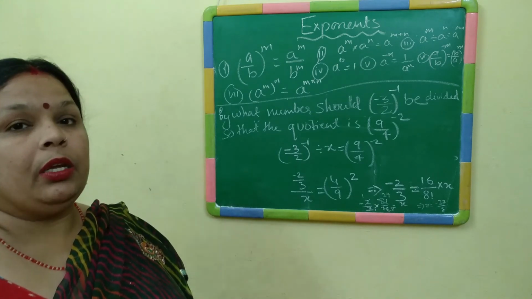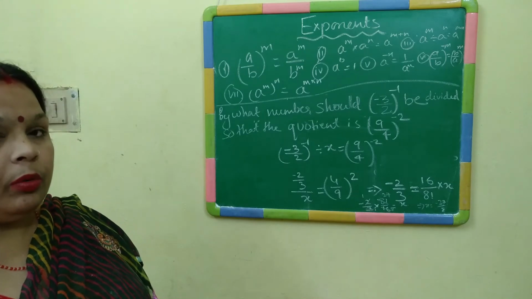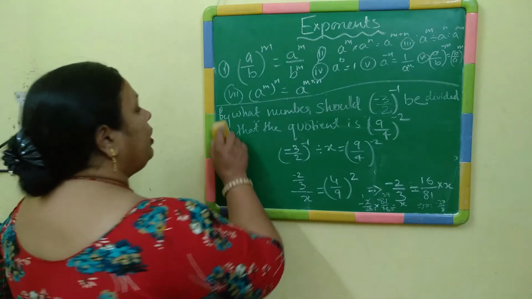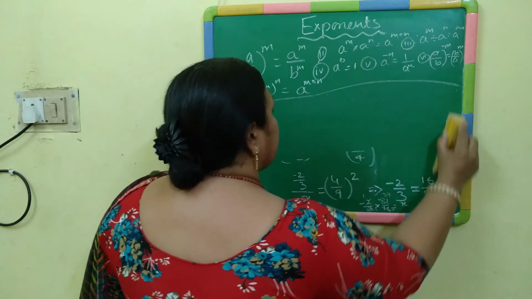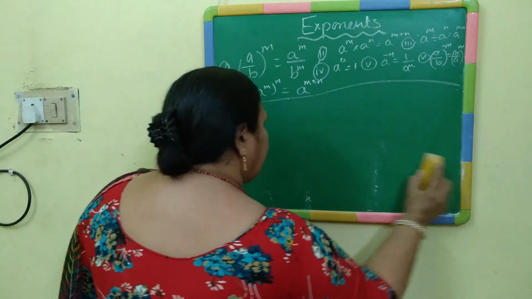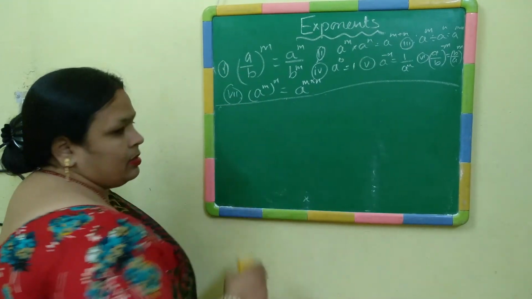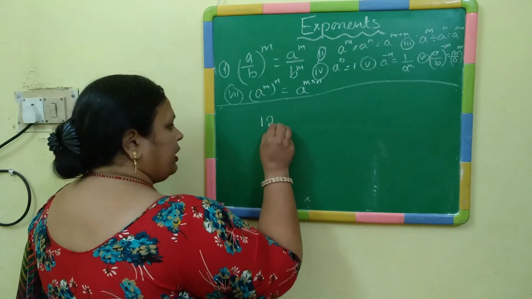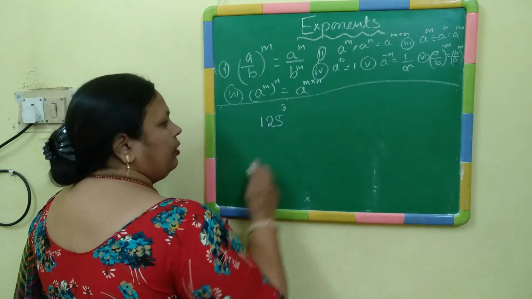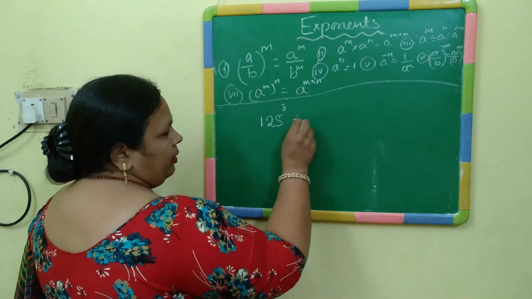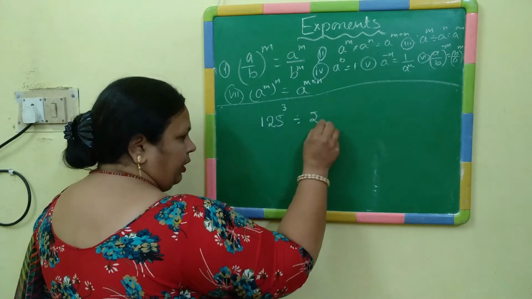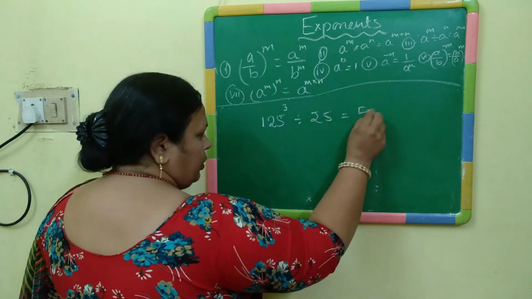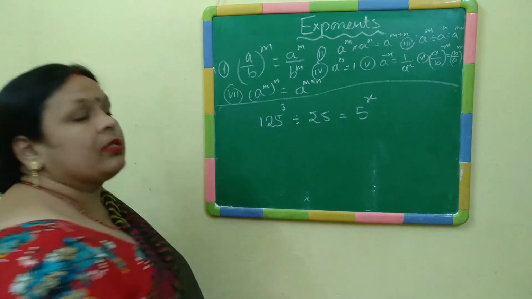Now we will be seeing one more problem where we will be searching for the powers as x. Here, the question was like this: simplify 125 divided by 25 is equal to 5 power x.